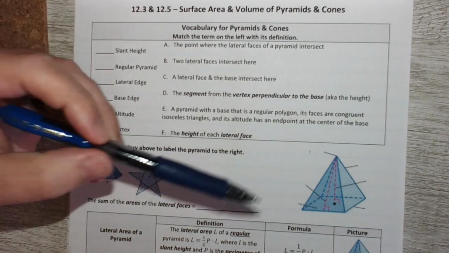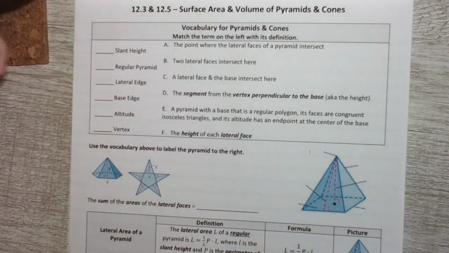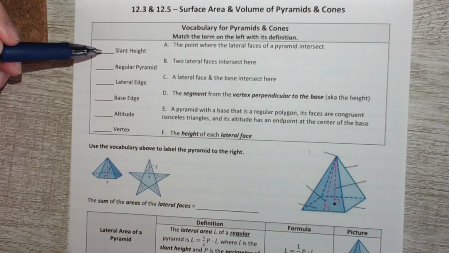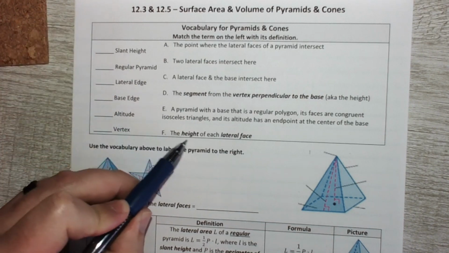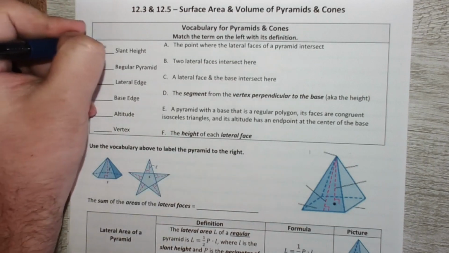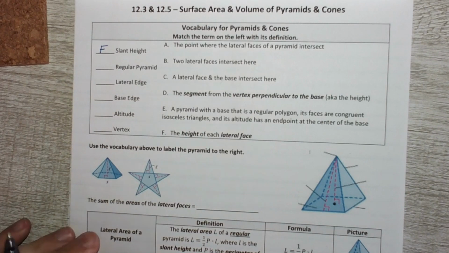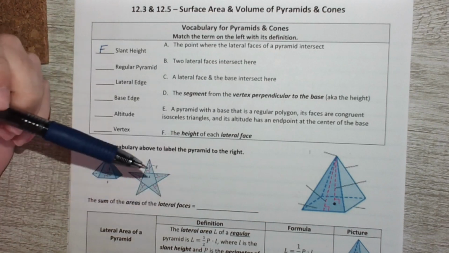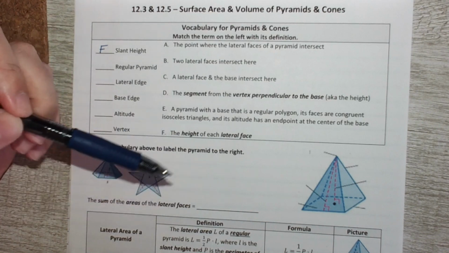we're going to match these and label them on this diagram down here. So the slant height is going to be the height, hopefully that makes sense, of each lateral face. So this is going to be F. Down here on this diagram, the lateral faces are everything except the base. Okay?